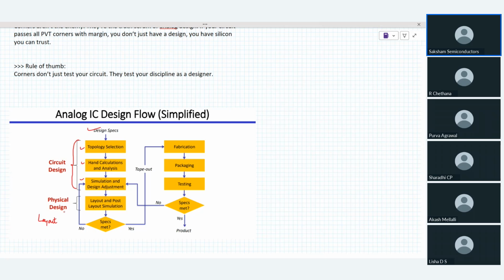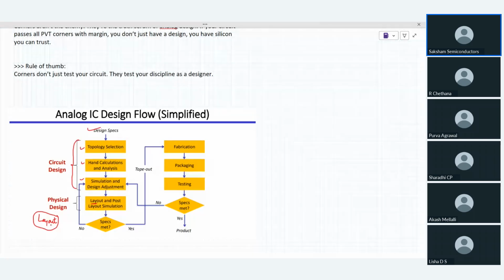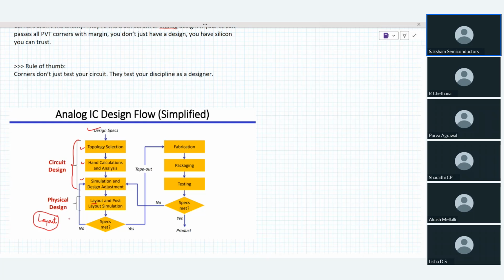The layout guys lay down the layouts, and the physical design engineer tells the layout guys how to lay the layouts, how to draw the architecture, where to place the metals, how to do the connectivity, what the distance should be, and what the timing analysis would be, whether the timings will be met or not. Those things will be told by the physical design engineers, and then the layout guy will work on those things.